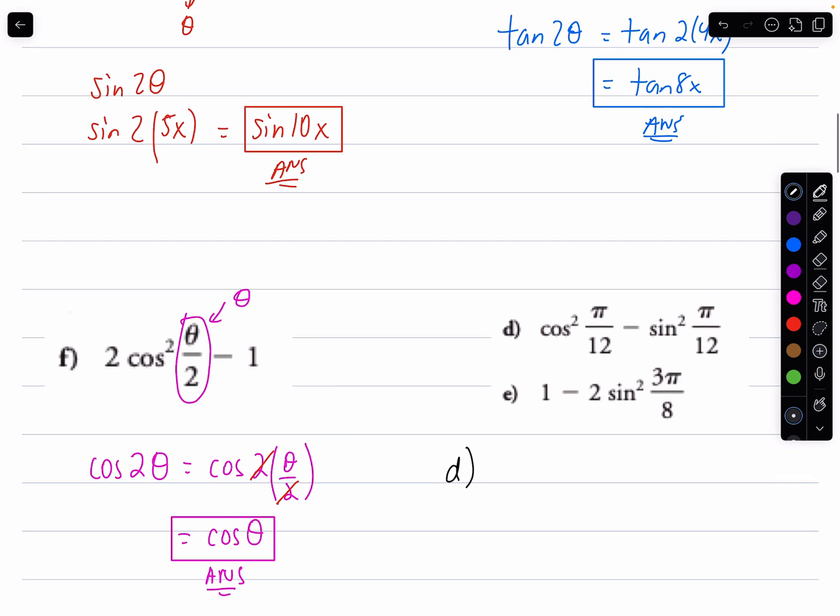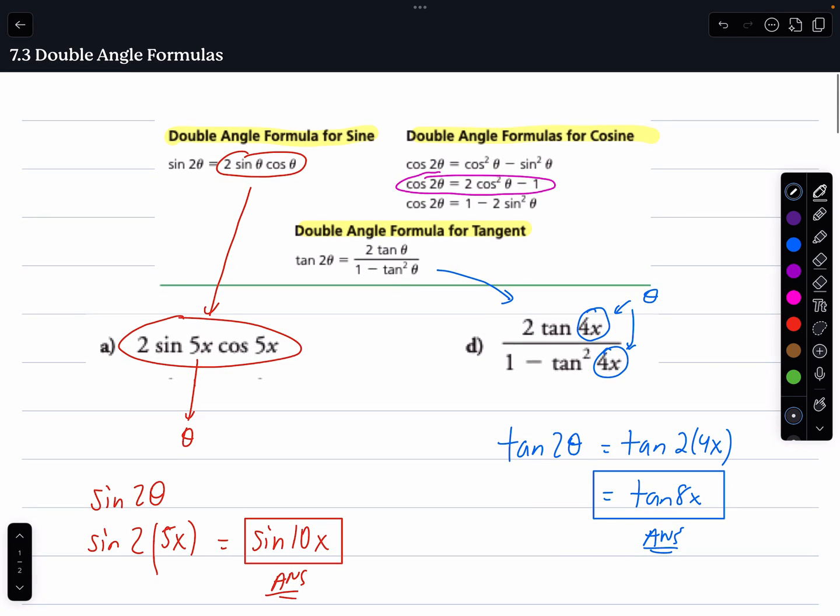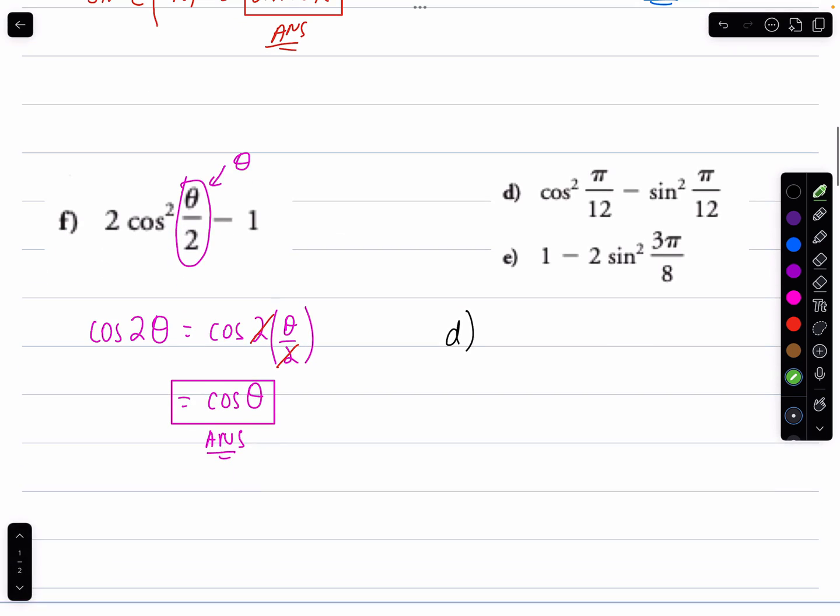Okay, let's look at the next question: cos squared pi over 12 minus sine squared pi over 12. That one looks like this formula, so it's going to be cos 2 theta, where pi over 12 is my theta. So I'll have cos 2 times pi over 12, which ends up being cos pi over 6.